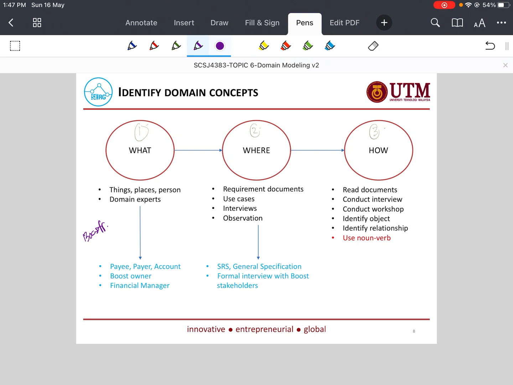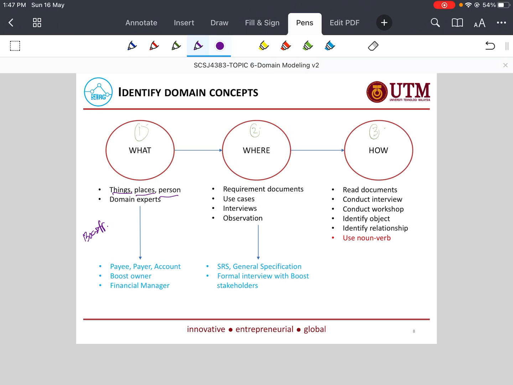The Boost domain, which is the e-wallet or financial, actually represents things, either the things, the places, or the person. The person is the one that uses this application.